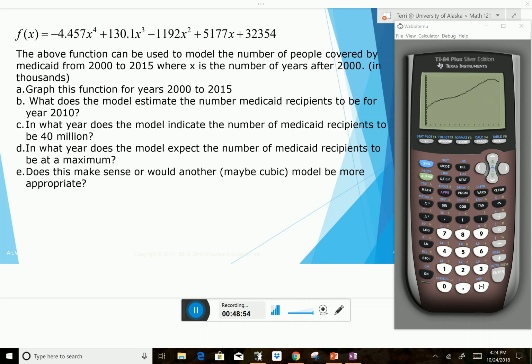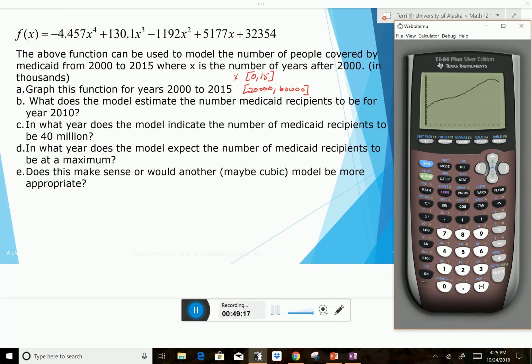So here's our model, and here's what it looks like. So this is graphing this function. Again, I used 0 to 15 for the x's, and I did 20,000 to 60,000 for the y's.